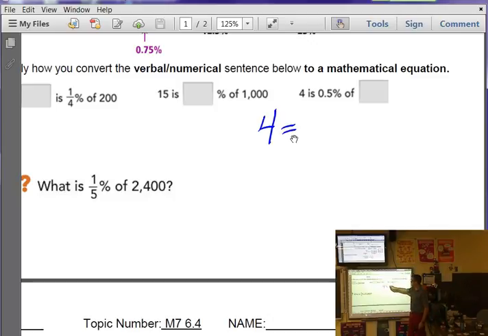Part equals percent, but I convert that to a decimal value. Are you okay with how we do that? Yeah. Then times some amount that I don't know. Now, I could actually set up an equation, but I'm getting really tired of kids just wanting to memorize things, because that doesn't help you learn.